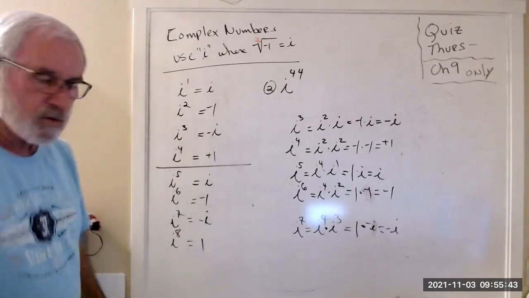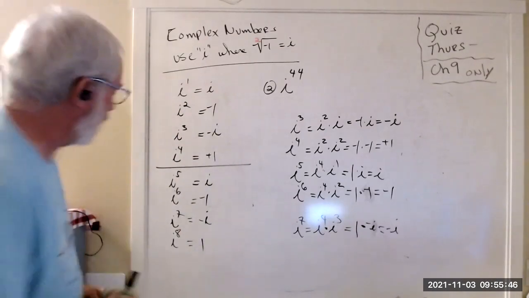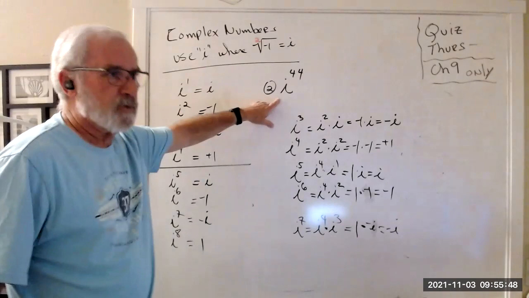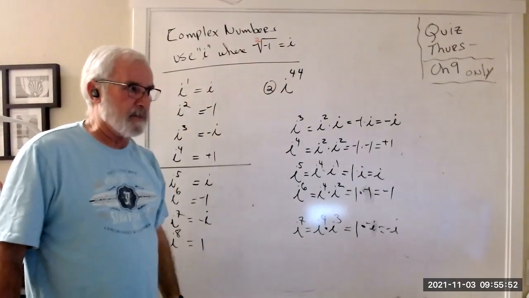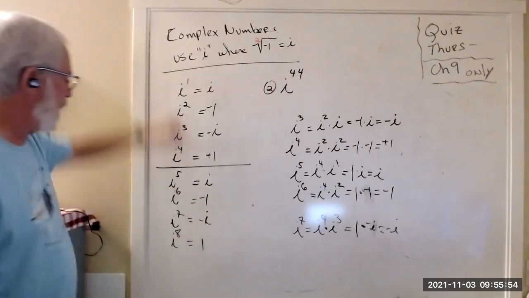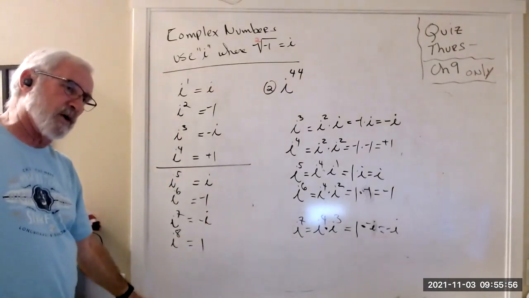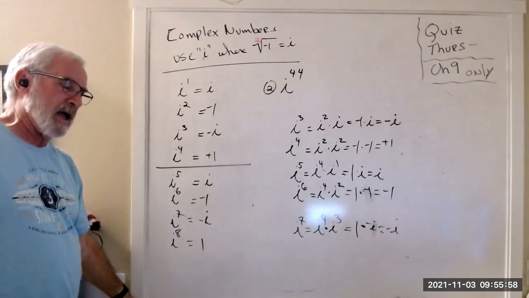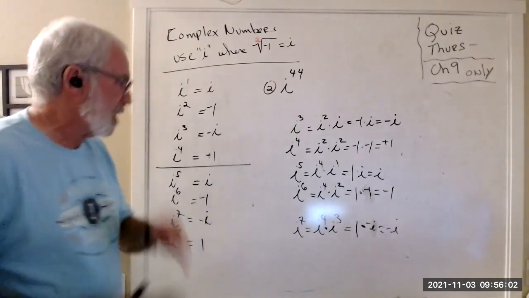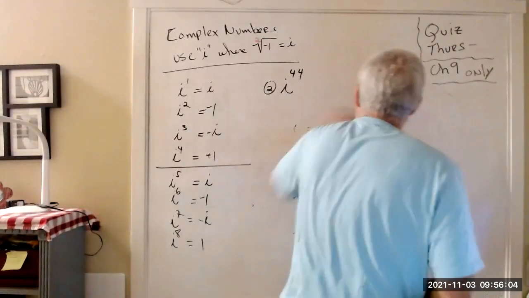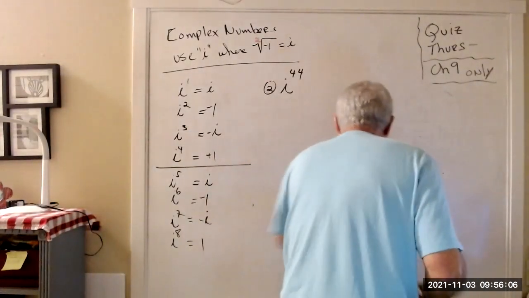So the question is, if I wanted to do i to the 44th power, I have 2 ways of doing it. First way is I could do this down to 44, and I've seen people do that on a test or quiz. The other way, now is when you want to start taking notes, guys.